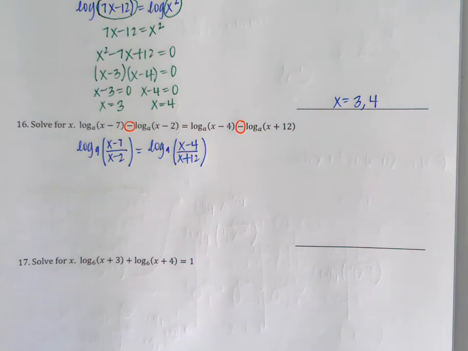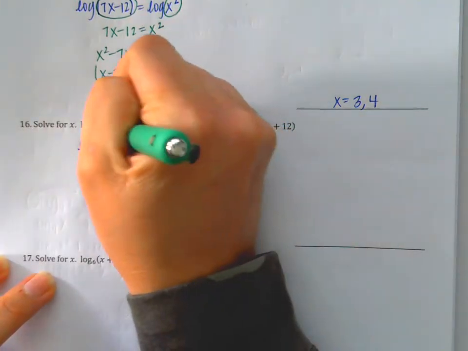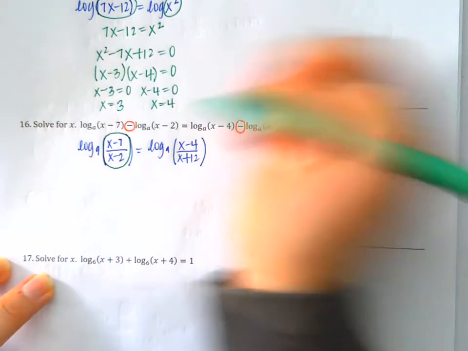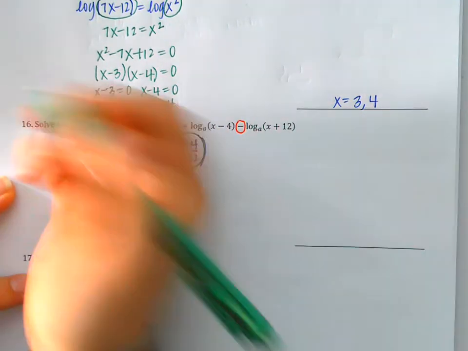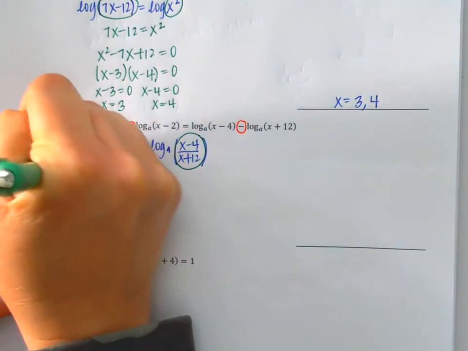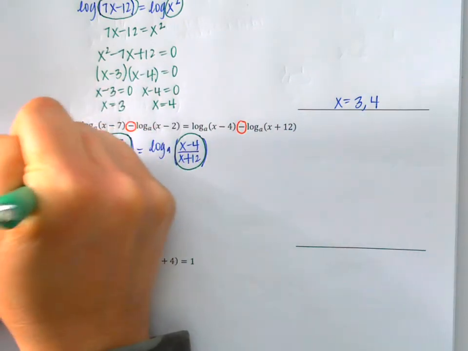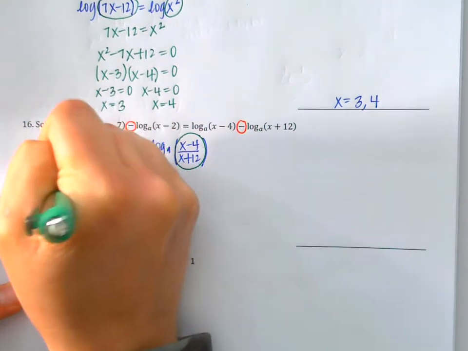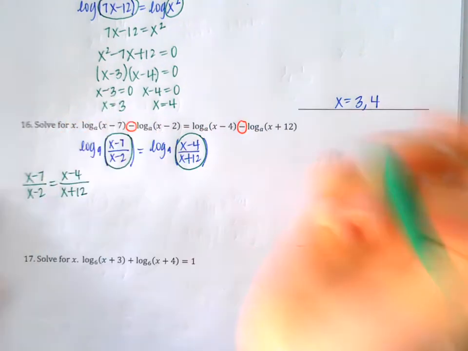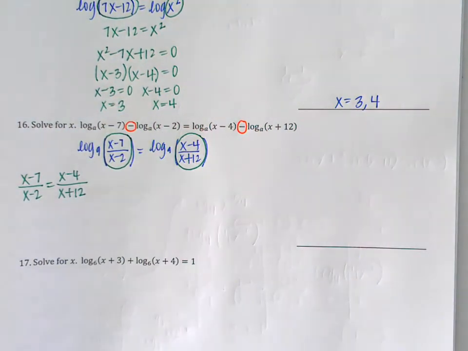So now I have 1 log on each side of the equation, and now I can set my arguments equal to each other. x minus 7 over x minus 2 is going to be equal to x minus 4 over x plus 12. So we have that, and now we can cross multiply.